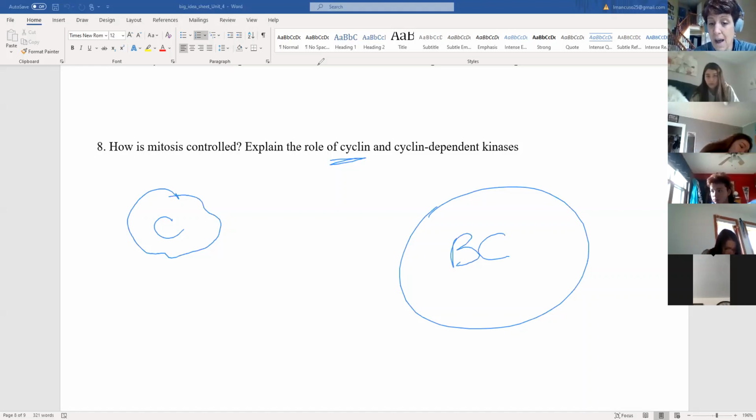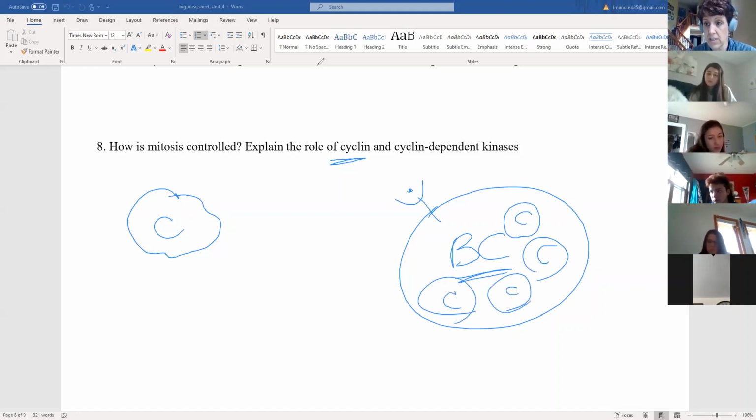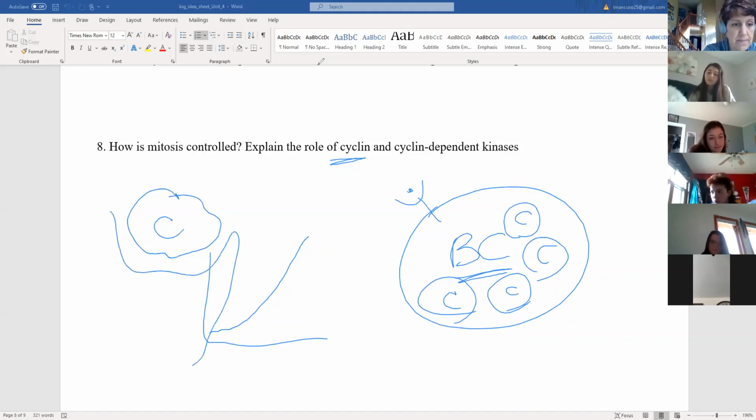So let's say time is up and this blood cell receives a message that says you need to start making cyclins. So cyclins are the product of a signal transduction pathway. My cyclin level, if I graphed it, just went from nothing to way up here. The cyclins bind to Cdks. So this is my CDK, cyclin-dependent kinase.